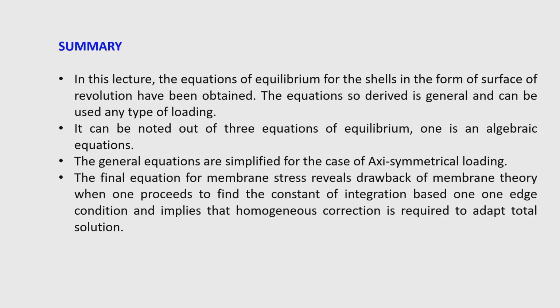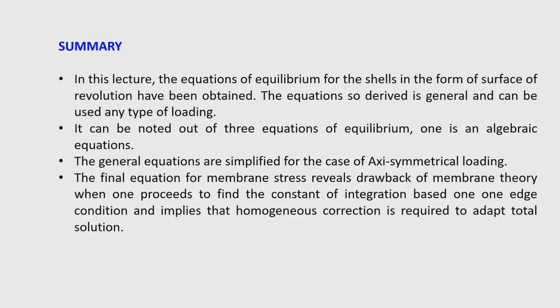So, the final equations for membrane stress that we have found reveal some drawback of the membrane theory that I have told you earlier, and you can note this drawback when we want to calculate the constant of integration based on one edge condition, and it implies that the constant may not satisfy the condition at the other edge.